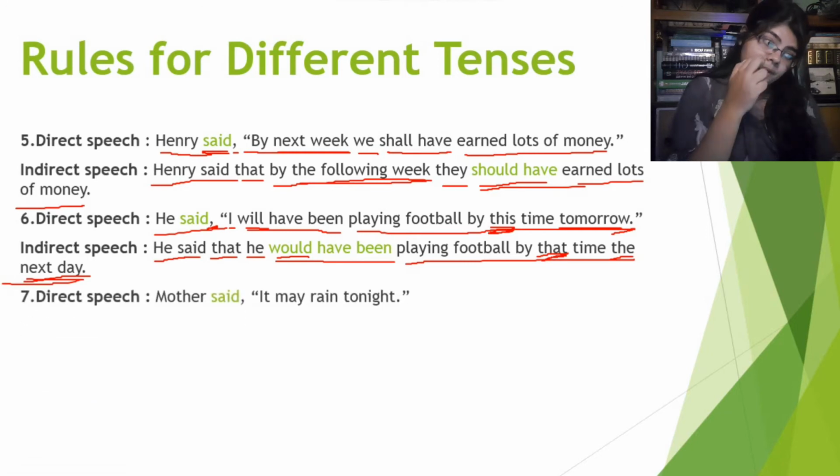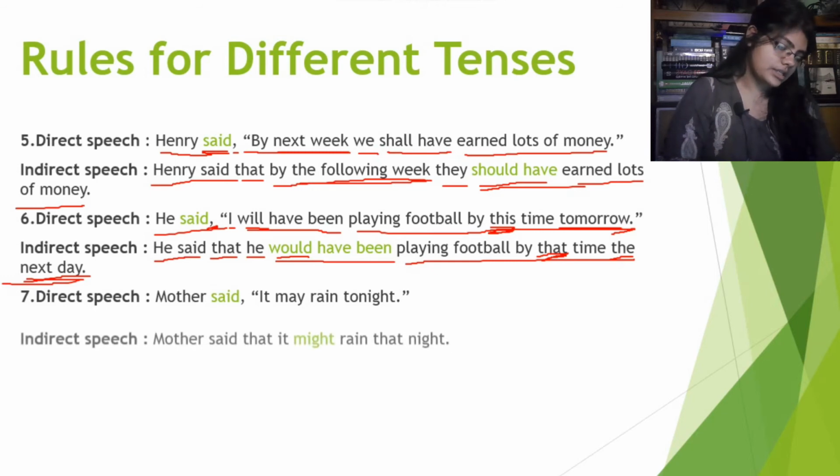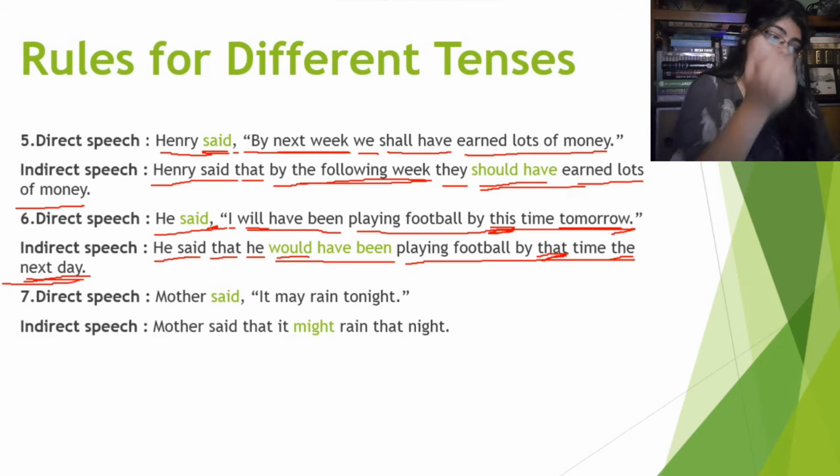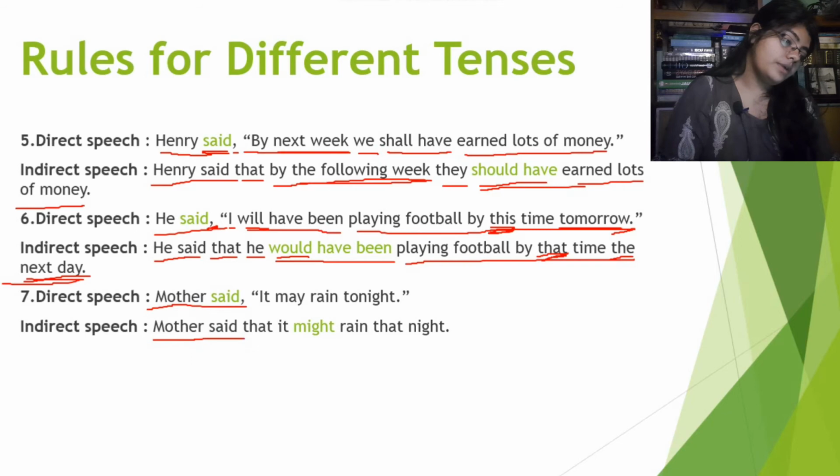Now the next example. Mother said, it may rain tonight. In indirect speech, mother said that it might rain that night. Again, mother said will be mother said, and the comma will be replaced by that.